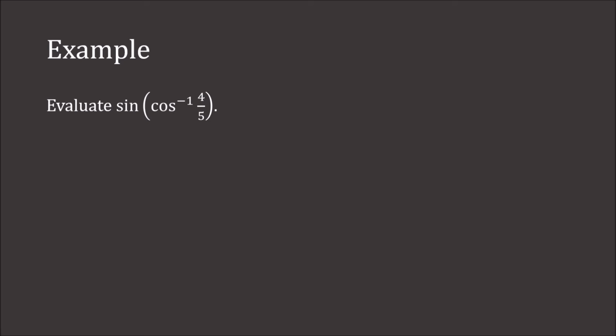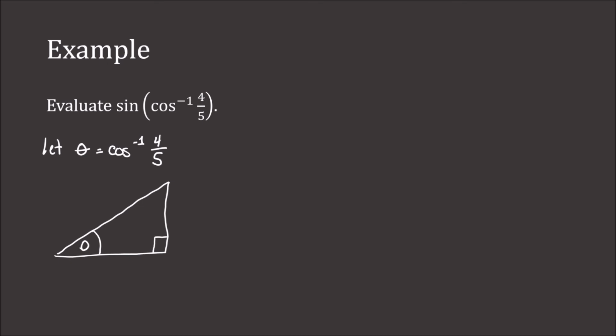All right, so let's go ahead and evaluate the sine of the inverse cosine of 4/5. To do this, we're going to make use of right triangle trigonometry. Let theta be the inverse cosine of 4/5, because remember, the inverse trigonometric functions will give you an angle. If we draw our right triangle, we can label this angle as theta. It doesn't matter which angle we label.